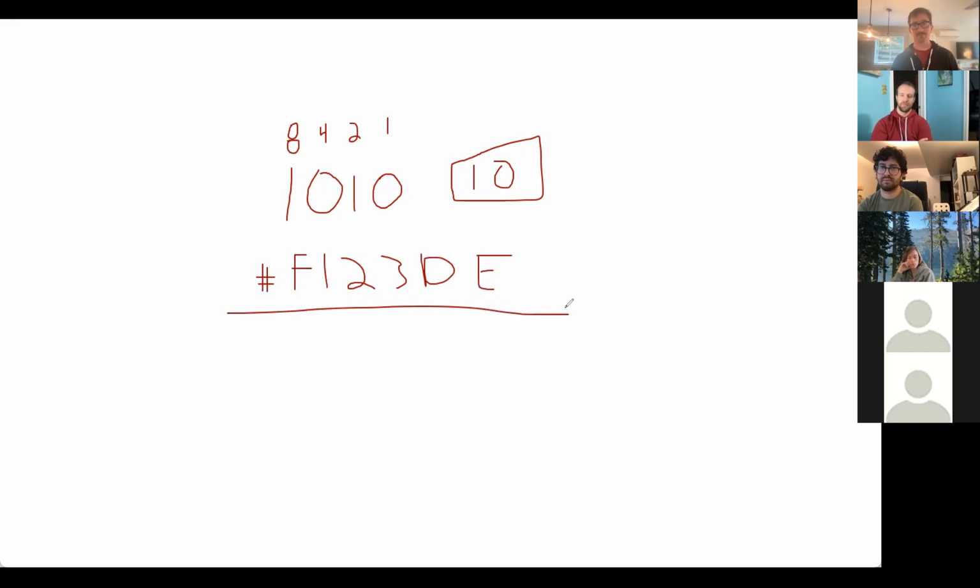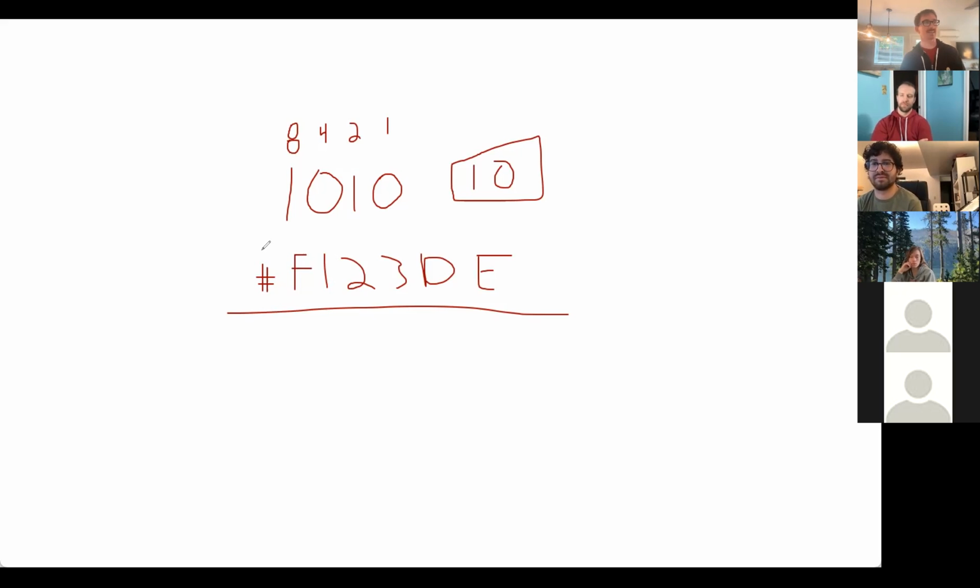Do you know what that is? It's hex code. This is actually a number that's using a different system. This is hexadecimal. Oh, you said hex code, right? I thought you said text code.